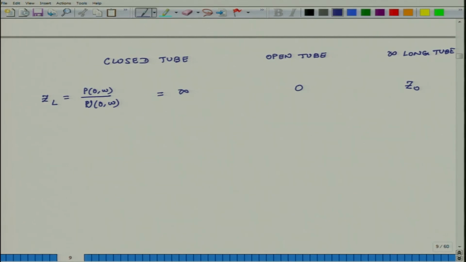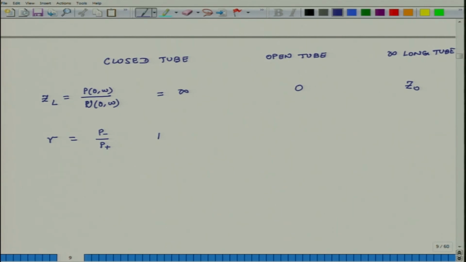Next, we look at the reflection coefficient. So, what is the reflection coefficient? It is the ratio of P negative over P positive. In a closed tube, if you recall your previous lectures, the value of P minus and P plus is the same. The ratio of P minus and P plus is the same. So, this number is 1.